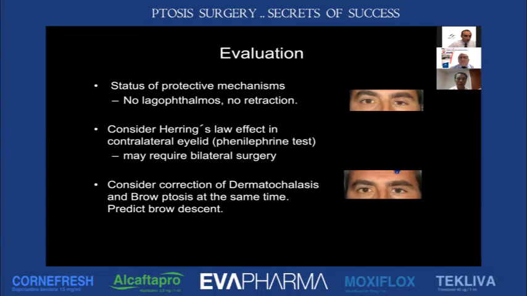You have to detect if there is any lagophthalmos or any retraction. And remember Hering's law, which may affect the contralateral eye, and the other side may require ptosis surgery as well.